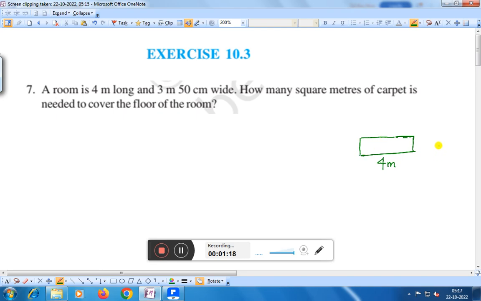Breadth is 3 meter 50 centimeter. Breadth is 3 meter 50 centimeter.